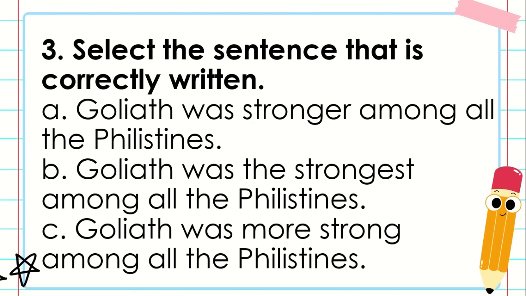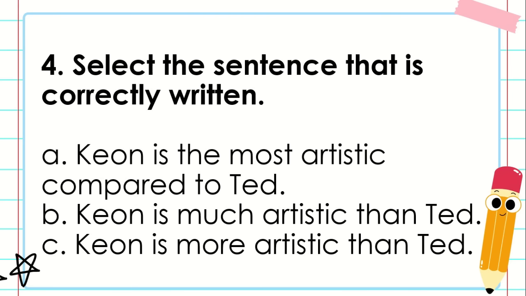Number 3. A. Goliath was stronger among all the Philistines. B. Goliath was the strongest among all the Philistines. C. Goliath was more strong among all the Philistines. Number 4. Select the sentence that is correctly written. A. Keon is the most artistic compared to Ted.